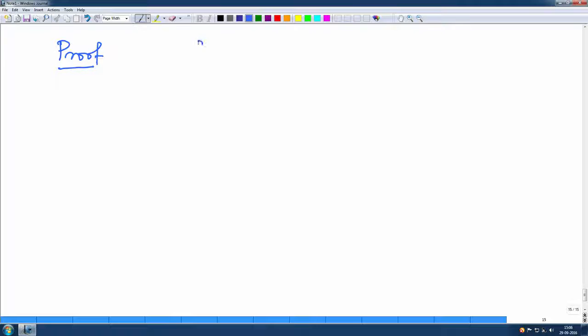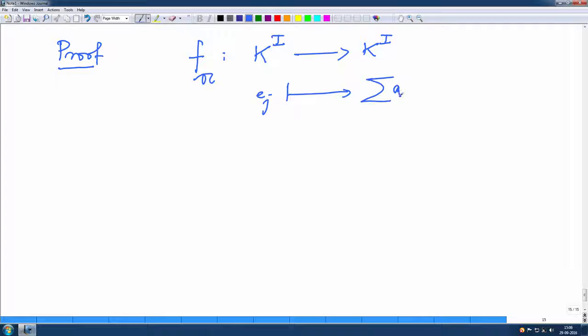Remember, our matrix will give you a linear map F_A from k power I to k power I, where the standard basis vector e_j goes to the summation of a_ij e_i, for every j in I. In this case there is no confusion because it is the same set. Okay.